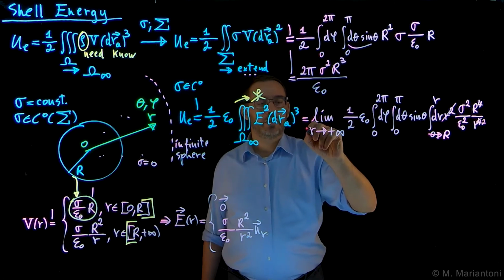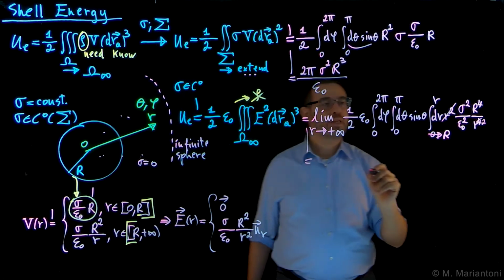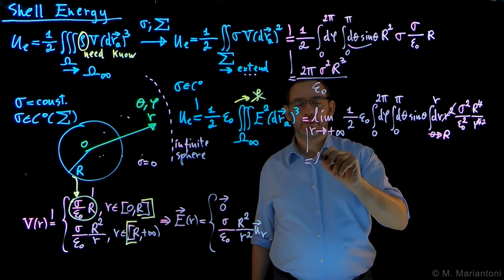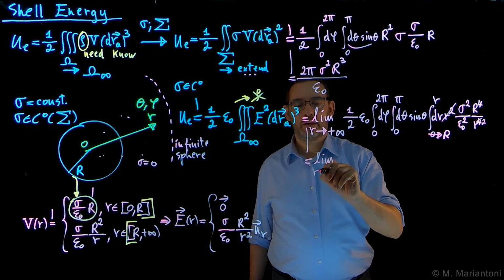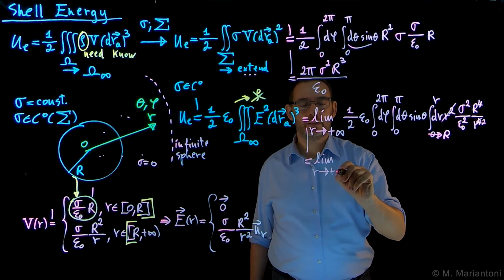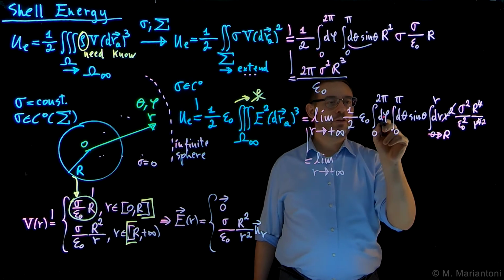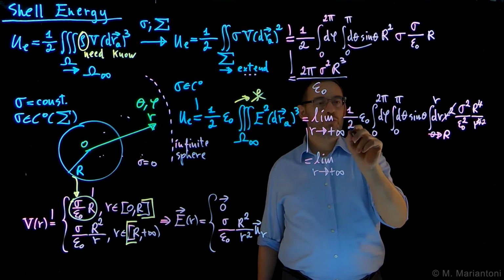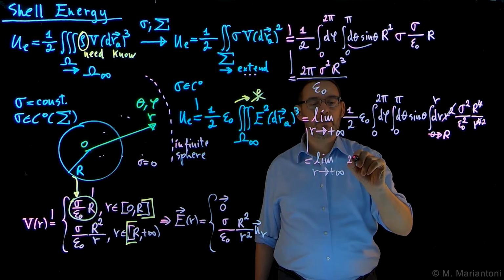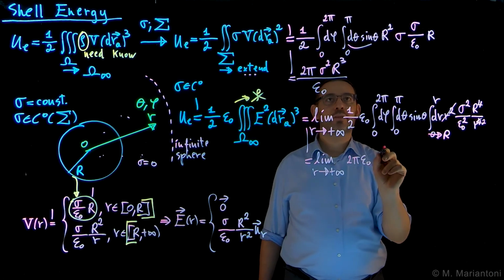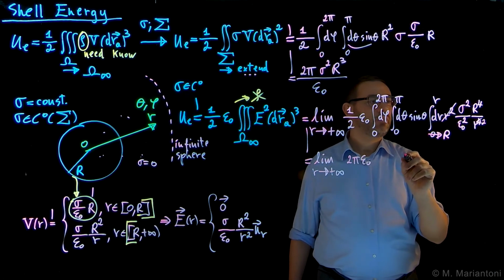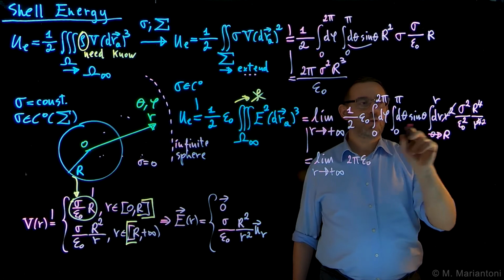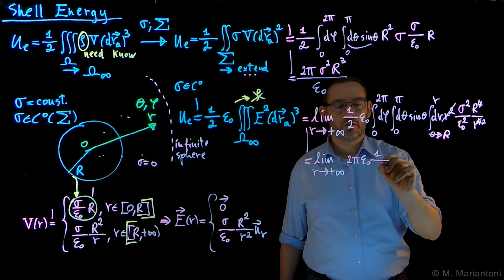So this limit eventually, what do we get? We get the limit for r that goes to plus infinity of 1/2 epsilon naught, 2 pi times 2, so the 2 and 2 go away. But then we have 1 over epsilon naught square.